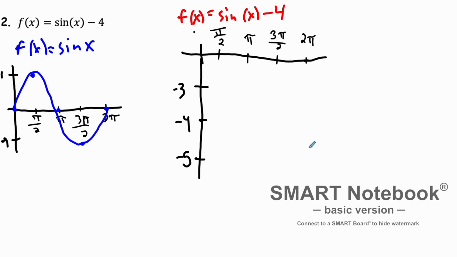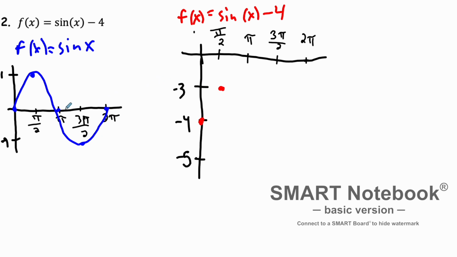All right, so let's track each of these points, starting off with our first point at 0, 0. Minus 4 gives me 0, -4. Next up, we had pi over 2, 1. 1 minus 4 is negative 3.